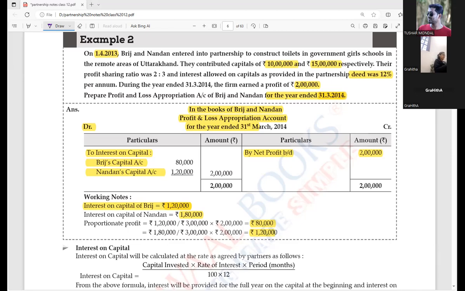You should not write balance carried down. You should write appropriation of profit transferred to A's capital and to B's capital. Done? Yes, sir.